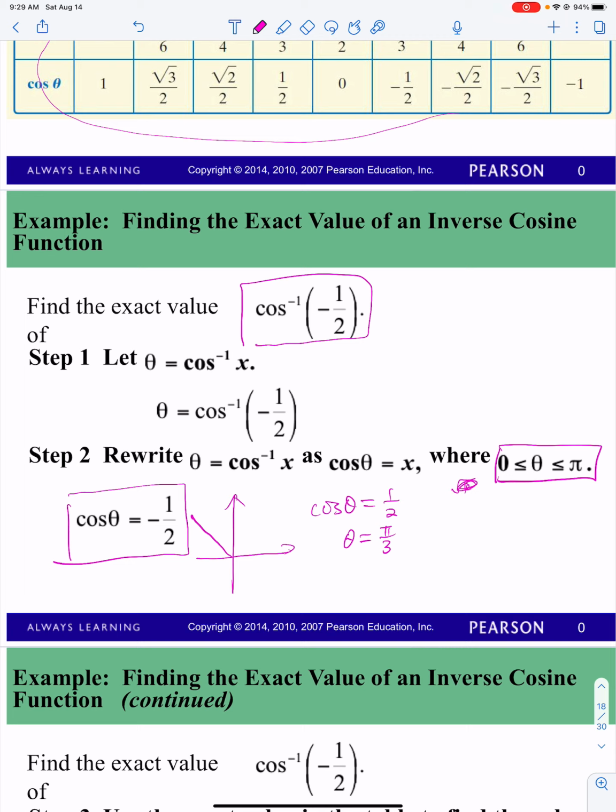And we know this is your reference angle. So what will be the theta we wanted here? It will always be in the second quadrant. Reference angle is pi over 3, so it is pi minus pi over 3, which will be 2 pi over 3.